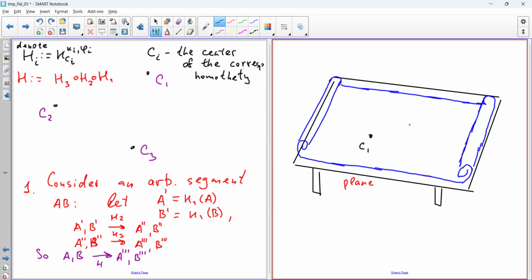You have some sort of triangle, for example, and on top of that triangle you have a mimicking shape, just the same shape as on the plane, but on the paper.